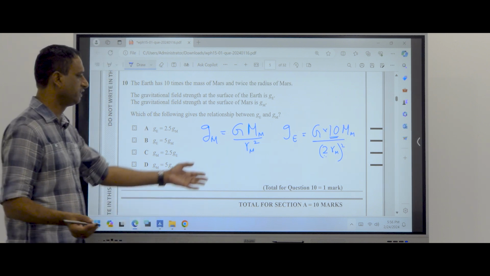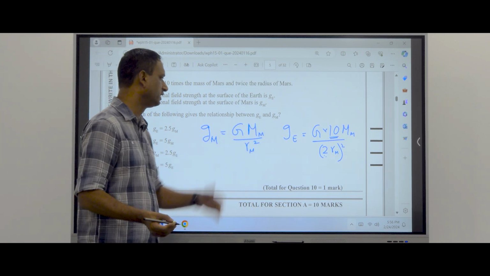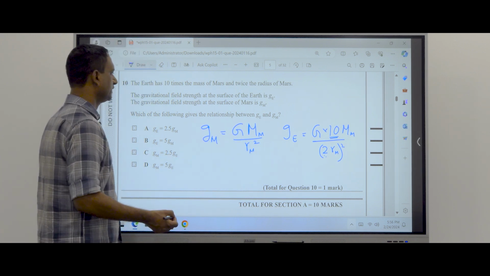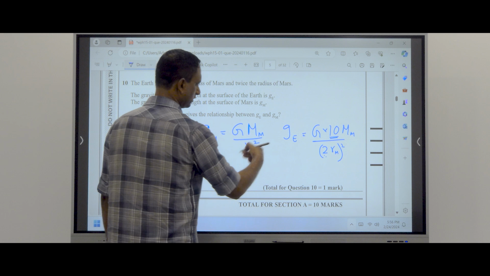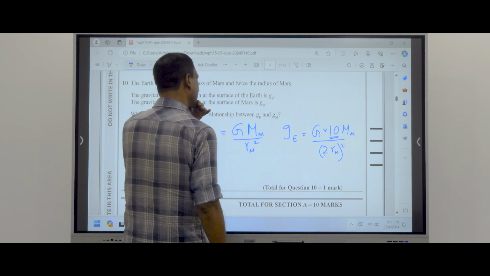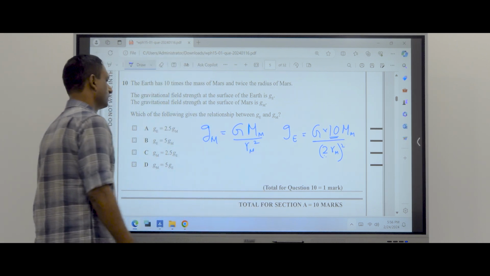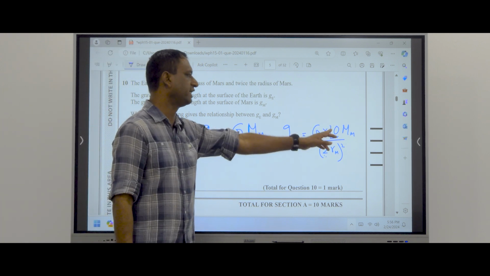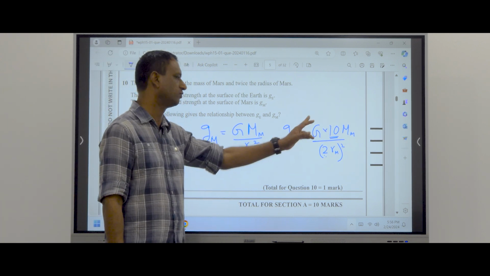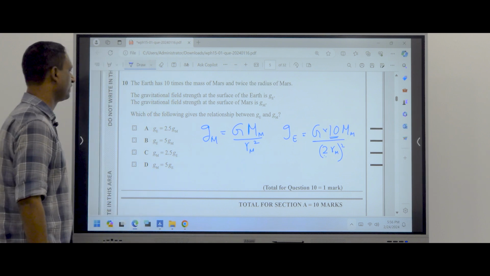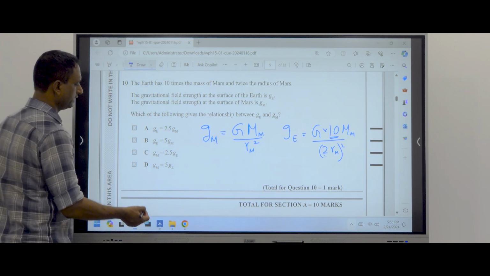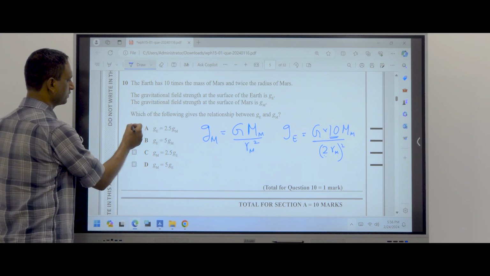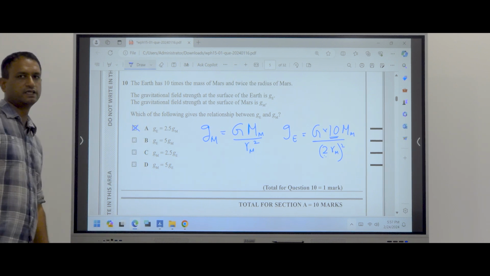If you are not sure, you can divide and see Ge divided by Gm; all the symbols will cancel and you get 2.5. Then Earth's gravitational field strength is 2.5 times Mars's gravitational field strength.